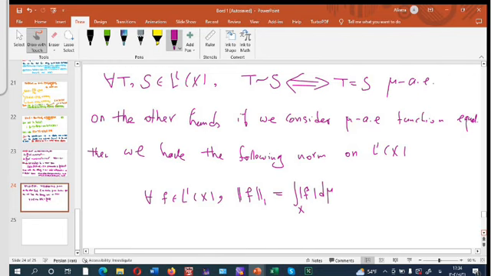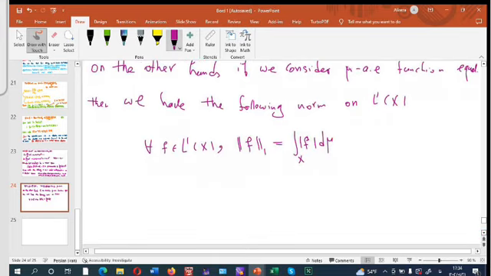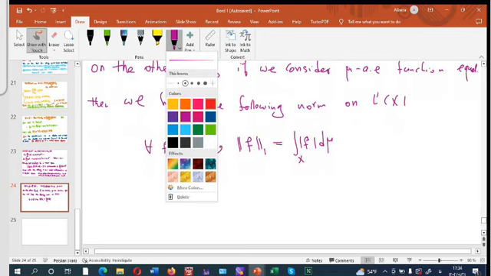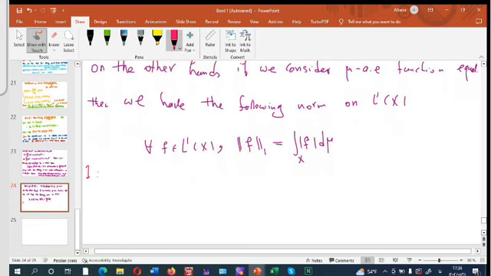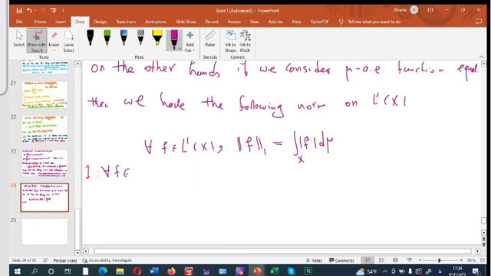We have three properties for norms. One, for any f in L1, this is positive, and this equals 0 if and only if f equals 0 mu almost everywhere.